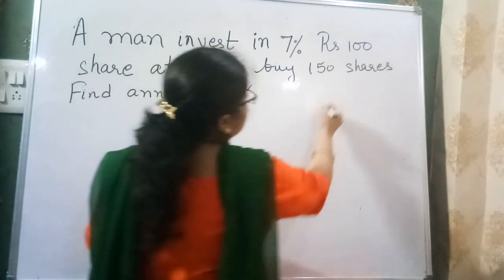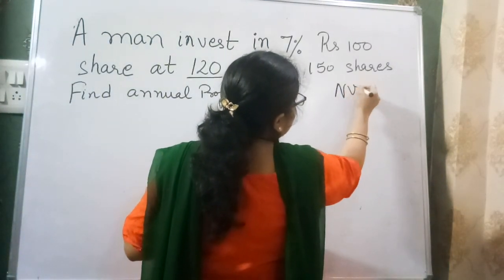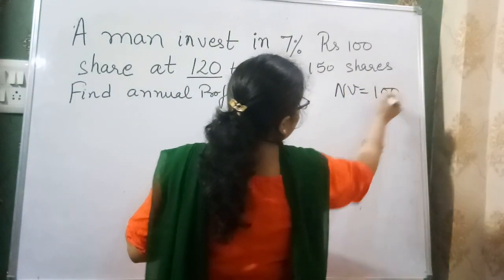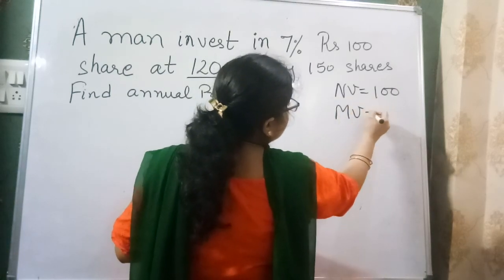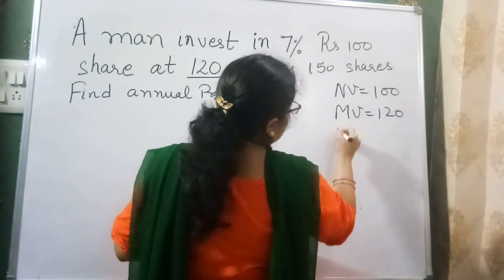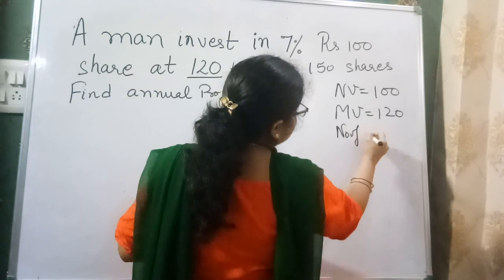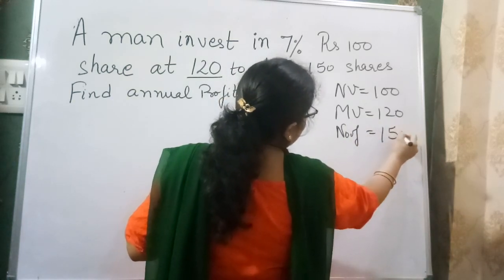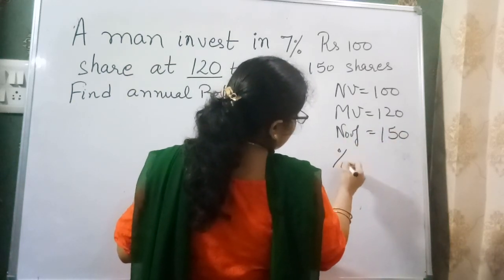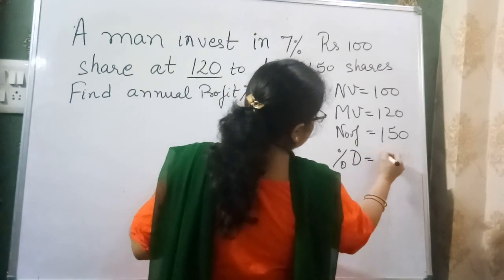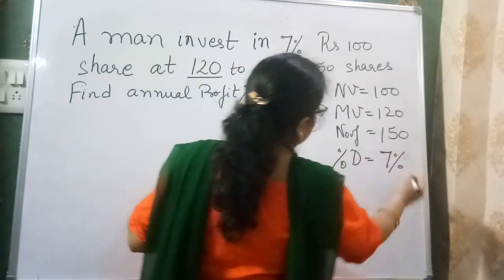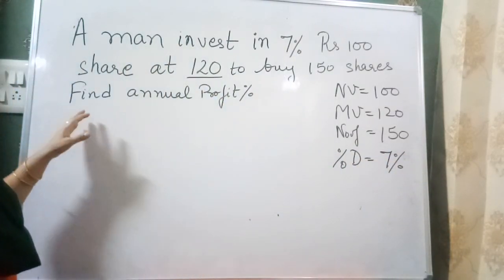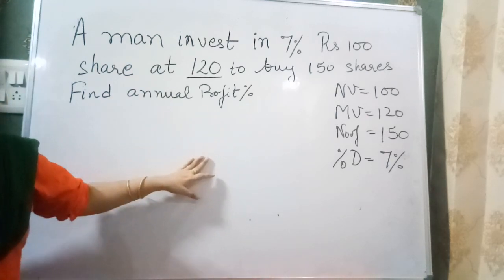That means the nominal value of the share is rupees 100, market value of share is 120, number of shares is 150, and the percent of dividend provided by the company is 7%. Clear? And we have to find the annual profit percent.